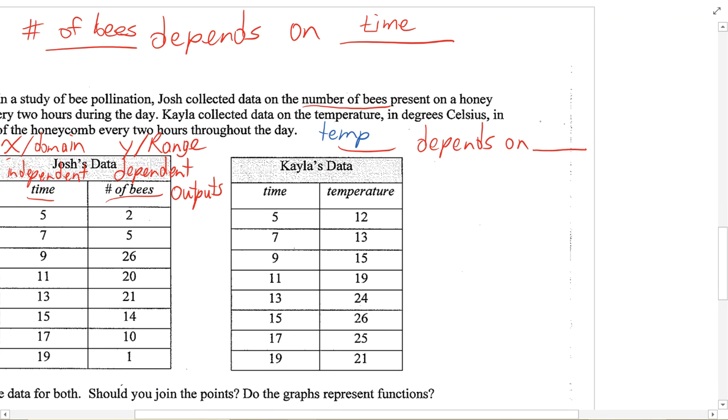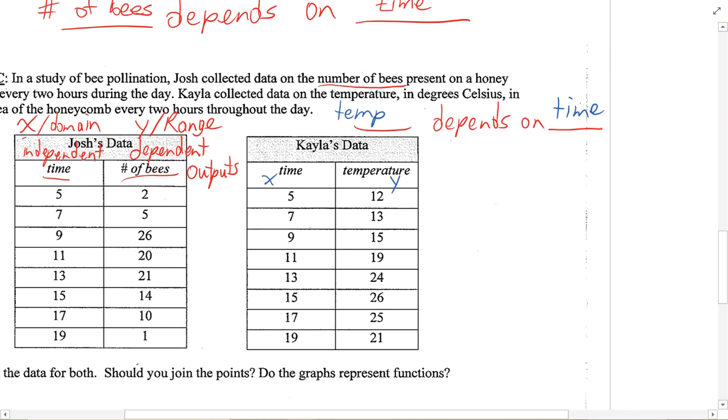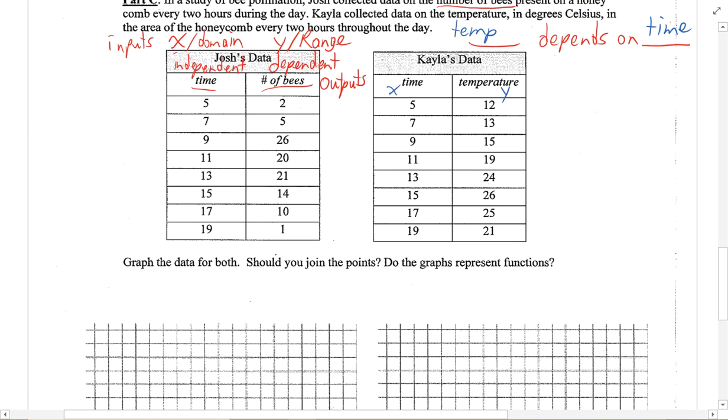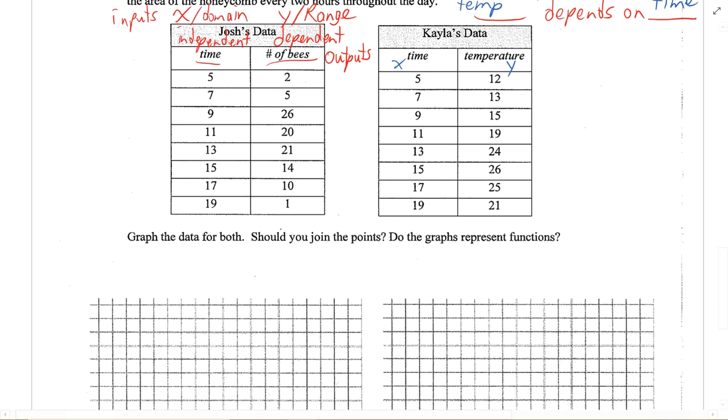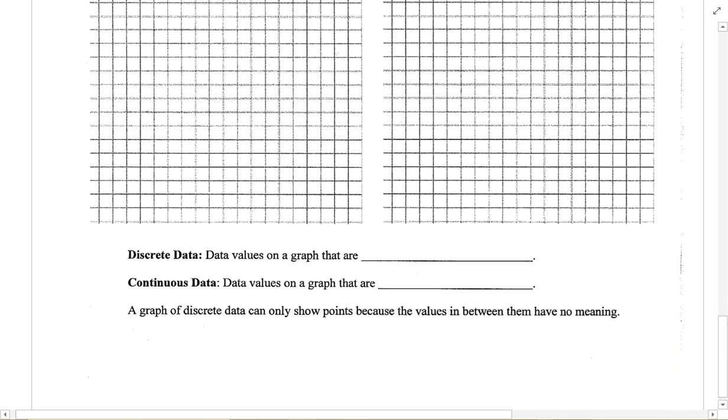So the temperature depends on the time of day. Okay, so this here would be your X values. This would be your Y values. Next, graph the data for both, should you join the points. Well, that kind of depends on down below.